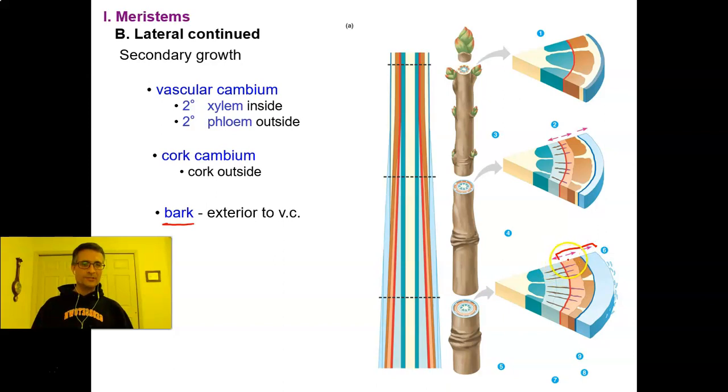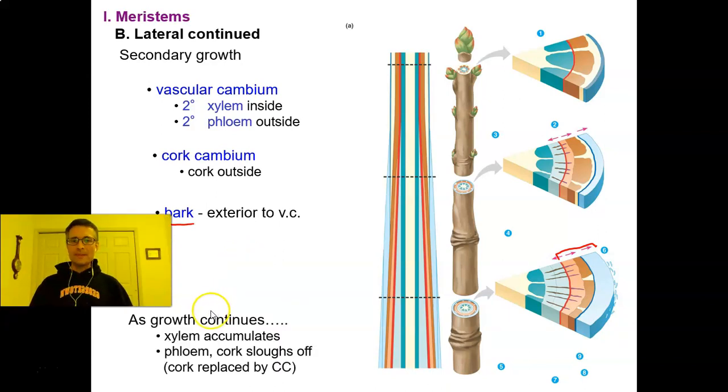So it's the secondary phloem, any primary phloem that's left over, our cork cambium, and any cork that's still remaining on the outside of the tree. So there's actually a lot in bark. There are living parts of bark, there are non-living parts of bark, and these very different parts of bark are going to be really important, as we'll see in just a second when we think about how trees function.